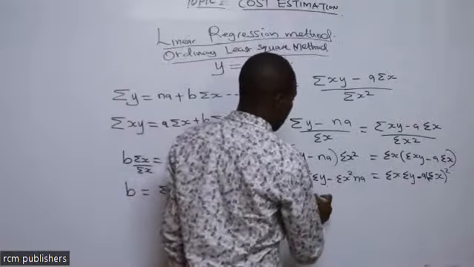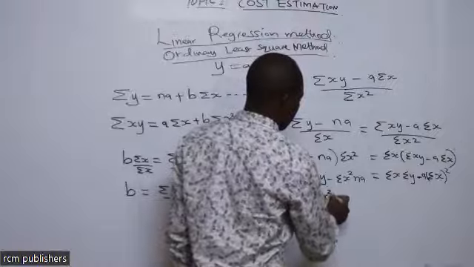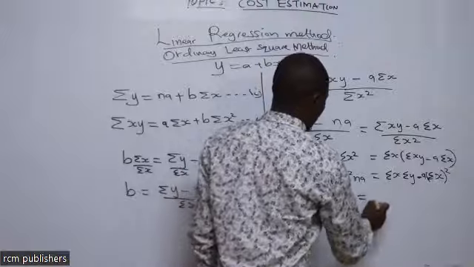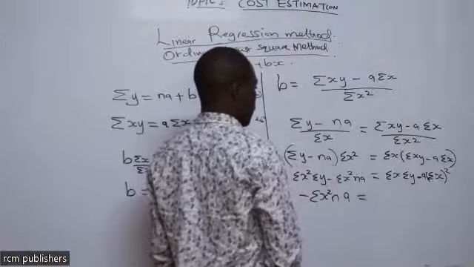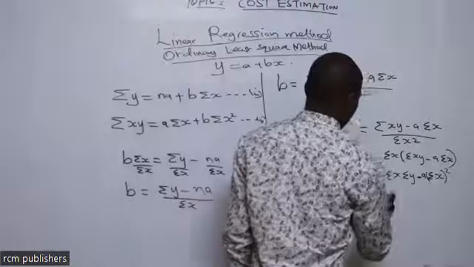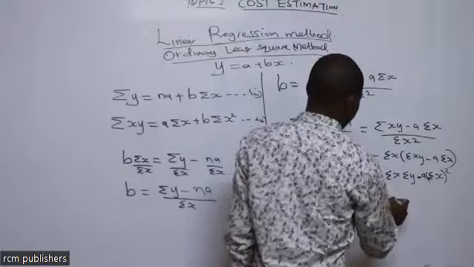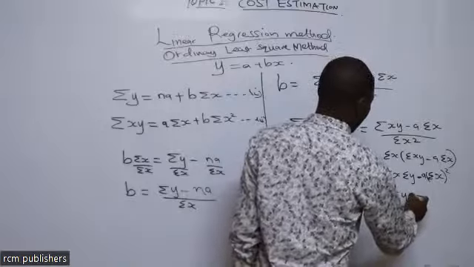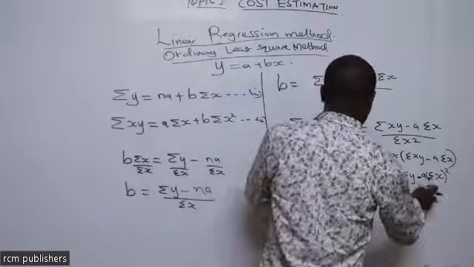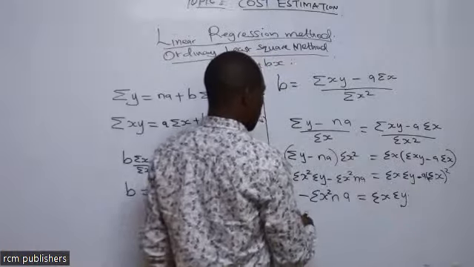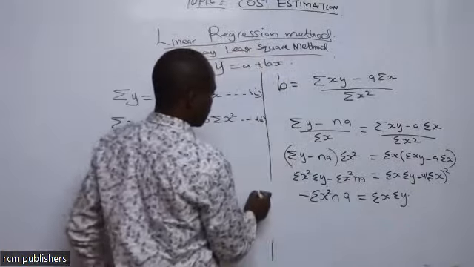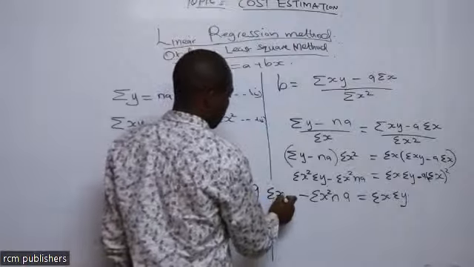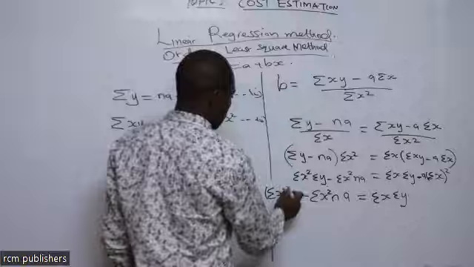So we have minus summation of x squared NA is equal to this summation of x, summation of y, minus, so this one here, we are going to bring it this side to be plus, that is A, summation of x squared.